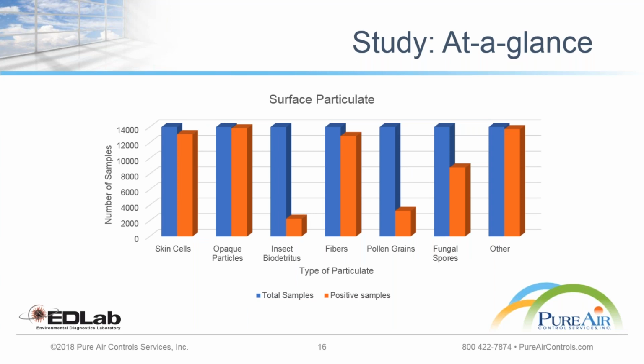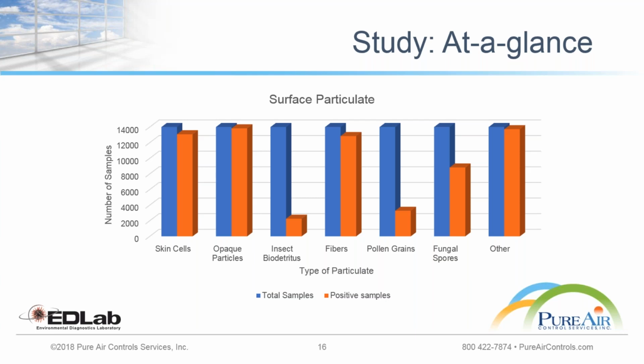Here we also see that the skin cell, in the total number of samples, if I compare, is almost neck to neck, because almost all the samples have exhibited the presence of the skin cell minus a few, and so does the opaque particle and others, whereas the fiber and the fungal spores are there, but nowhere near the skin cell.